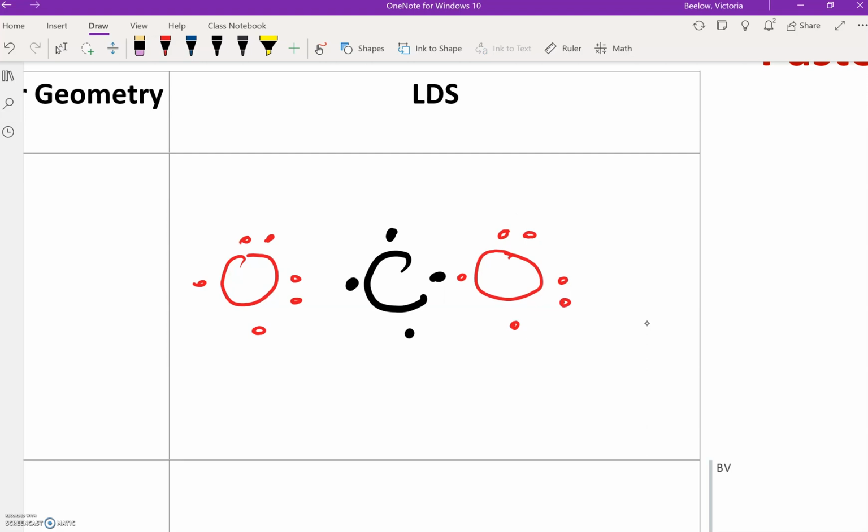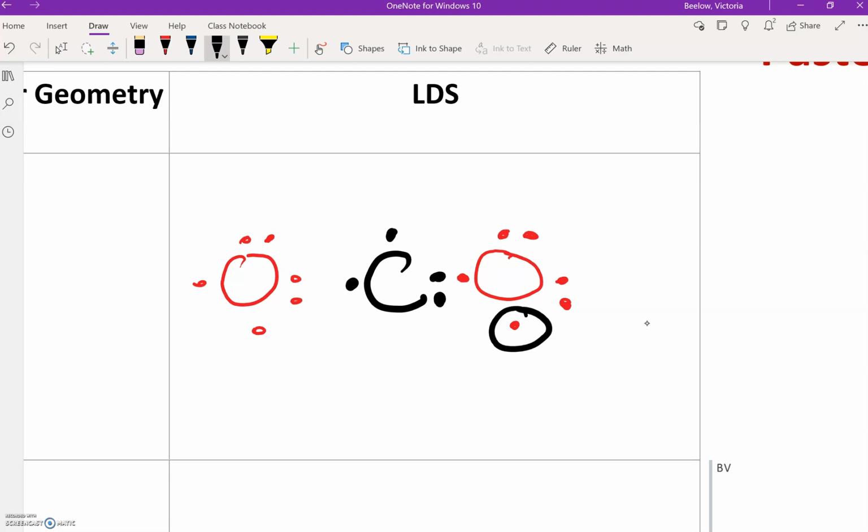Again, we need to surround each element with 8 valence electrons. Right now, this oxygen has 6 around it, and the carbon has 4 around it. If the oxygen is going to be sharing this electron, that would be 7 valence electrons surrounding it, so it only needs 1 more. So I'm going to take this electron and move it here.